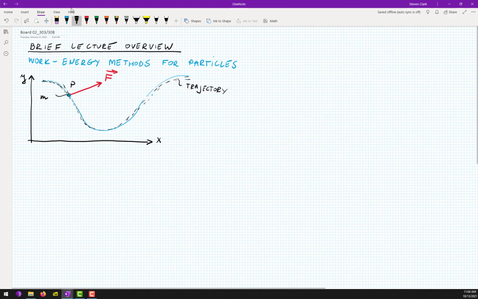And you guys remember that our acceleration can be obtained from this expression, F equals to ma, okay? And we will start from that expression, and we will derive this expression, T1 plus U12 equals to T2, okay?